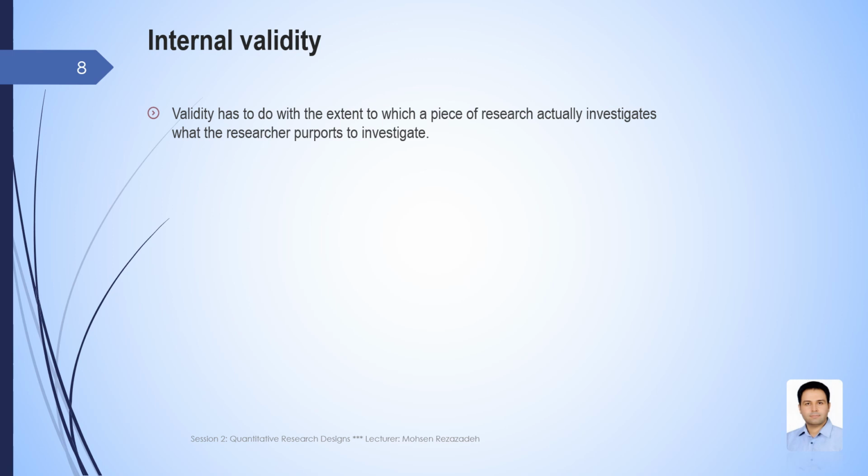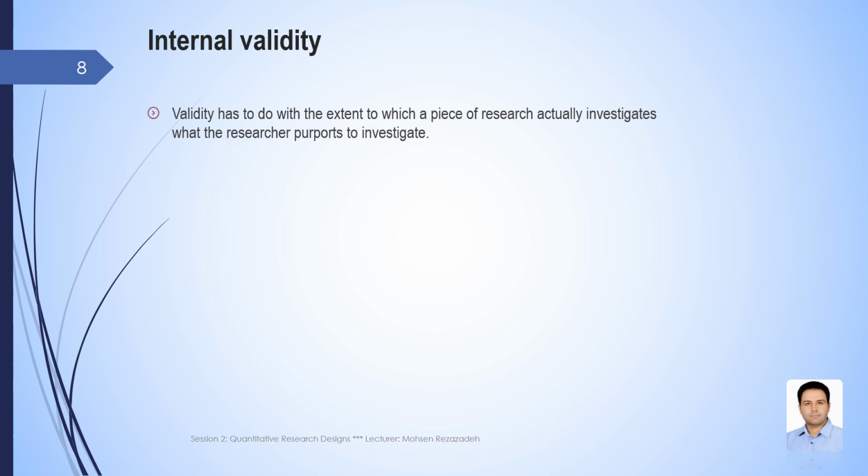There are two distinct types of validity, namely internal validity and external validity. These two interact to control for and minimize the impact of a wide variety of extraneous factors. In fact, we draw a distinction between two types of validities, internal and external validity.